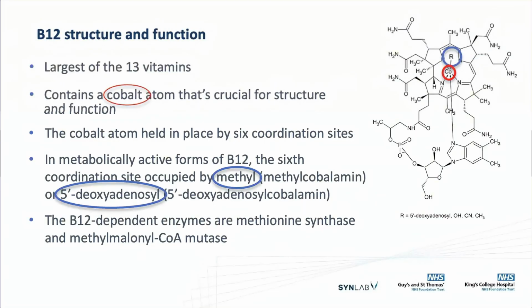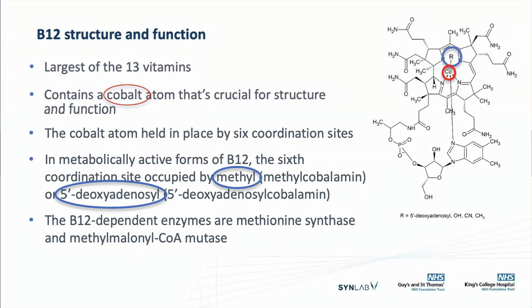Another reason B12 is unusual is it's the largest of the 13 vitamins and has the most complicated structure. It's the only vitamin that contains a metal ion, the cobalt atom. And this atom is absolutely crucial for the structure and function of the vitamin. Now, the cobalt atom is held in place by 6 coordination sites.